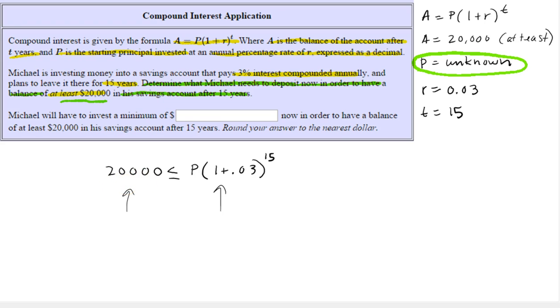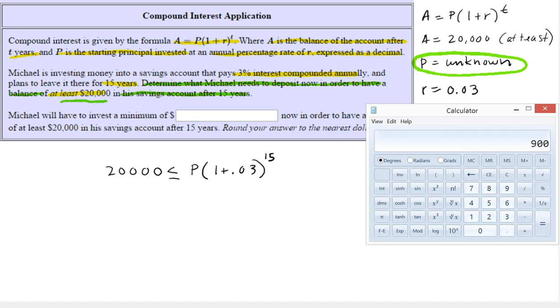So now let's compute this. Let me get rid of these arrows so we have some room to compute. Let's approximate this, but we're going to keep this stored in the calculator so we don't get any round off error, but I just want you to see what this is approximately equal to. So 1 plus 0.03, and I'm going to use this button for raise to the 15th.